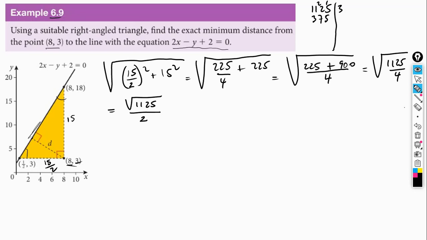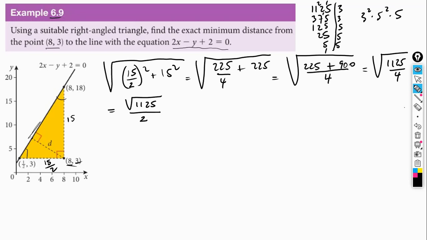So let's divide by 3. 3 times 1. 3 times 2 is 6. We're missing 1. And 3 times 5 is 15. Now 125 is not divisible by 3 because if you add the digits, it gives you 8. But it is obviously divisible by 5. And it's 5 times 25, 5 times 5, and 5 times 1. So this is the prime factorization of 1125. So we can rewrite this as 3 squared times 5 squared times 5.